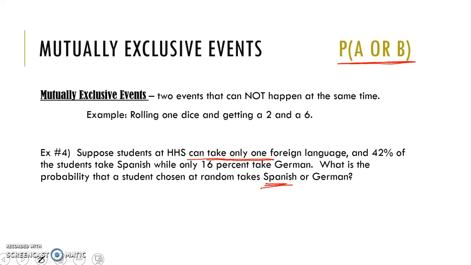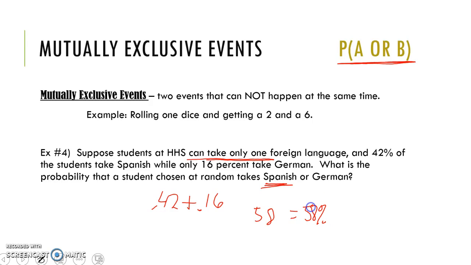We know that 42%, we could write this as a fraction, but I'm going to write it as a decimal, 0.42 of the people take Spanish, and then 0.16 of the people take German. I'm just going to add those 2 together. If I add those together, that's a total of 0.58, which is 58%.